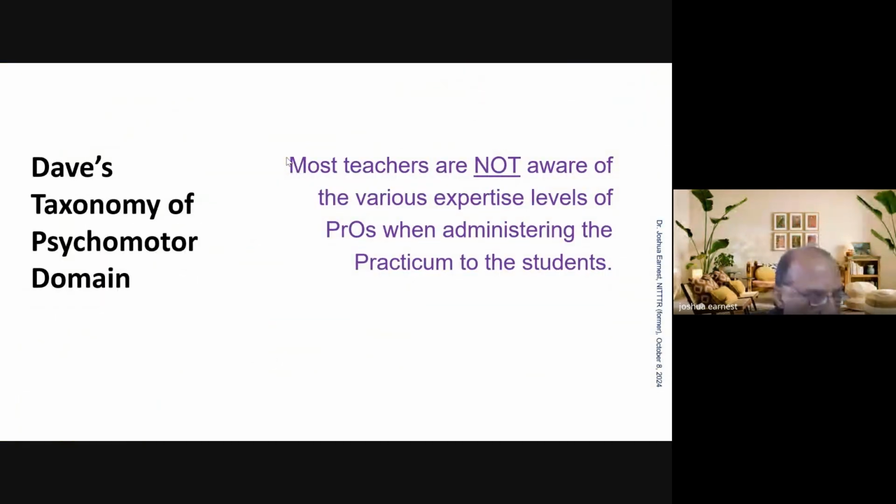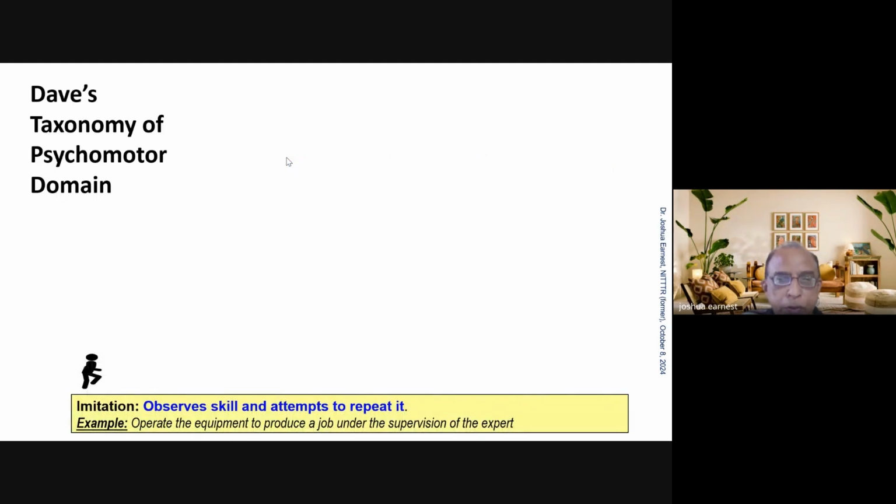Now most teachers are not aware of the various expertise levels of the PROs when administering the practicum to the students. Just like Bloom's taxonomy, you have Dave's taxonomy of the psychomotor domain, and that's what we are going to see. In Bloom's taxonomy, there are 6 levels. This has 5 levels.